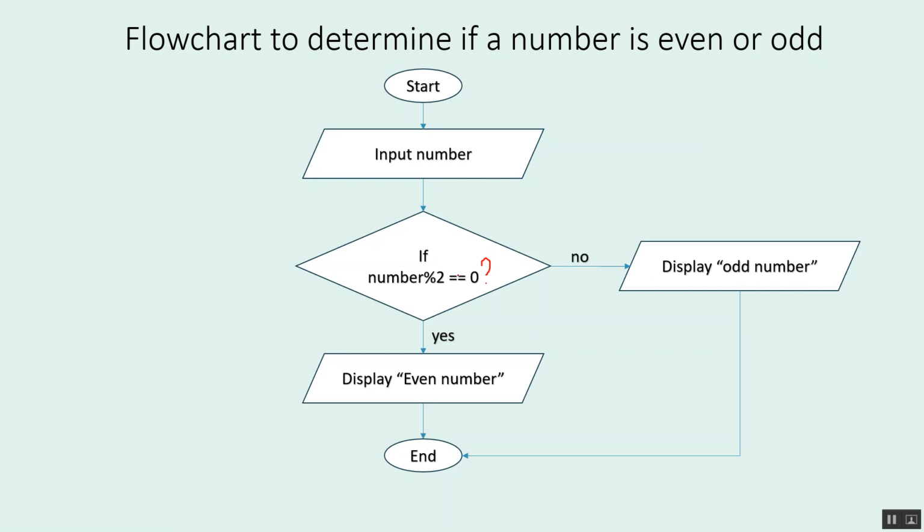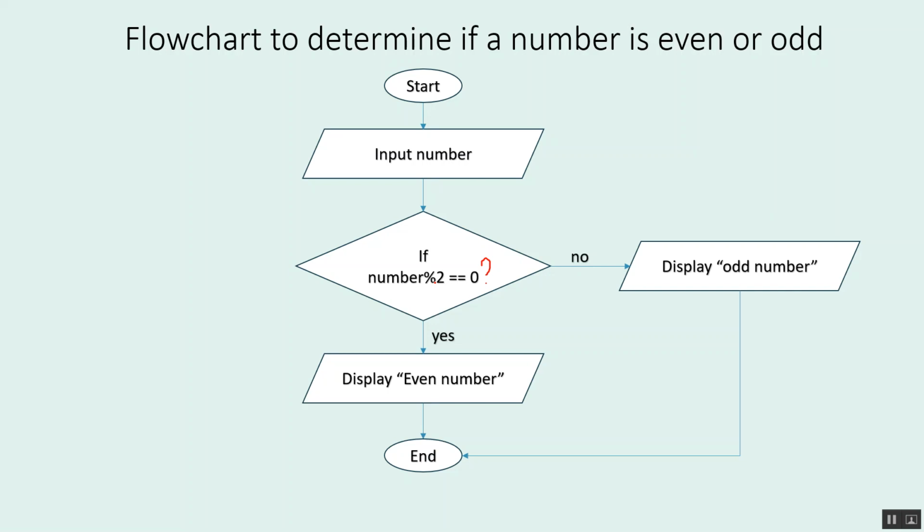So what does modulo mean? The modulo operation is a division where we divide two numbers and get the remainder.